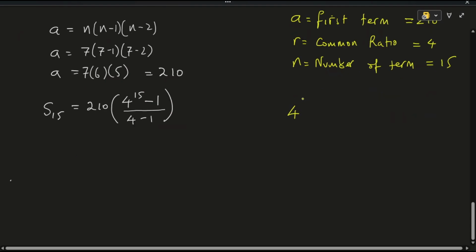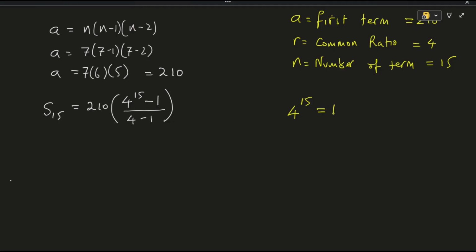Now, 4 exponent 15 is given by, so it means 4 exponent 15 minus 1 would give us 1,741,823.